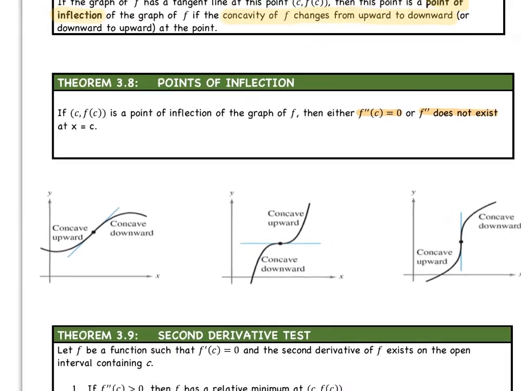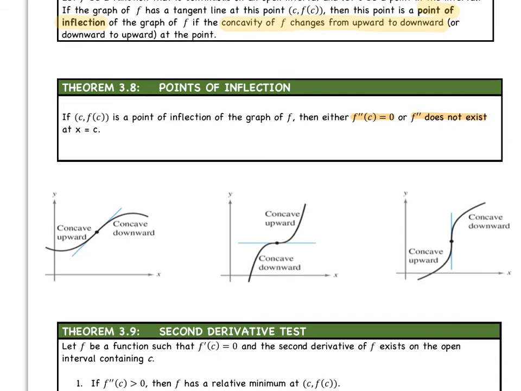For points of inflection, we can see here we are concave down, but then we start to be concave up here, and then we switch to concave down. So we have a point of inflection right here. If we take a look here, we're concave down, and then all of a sudden we switch to concave up, another point of inflection.